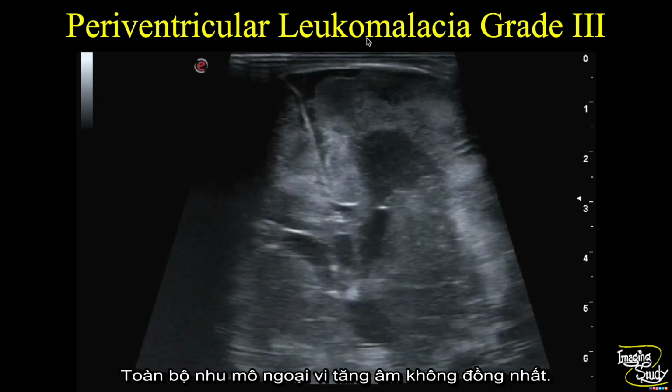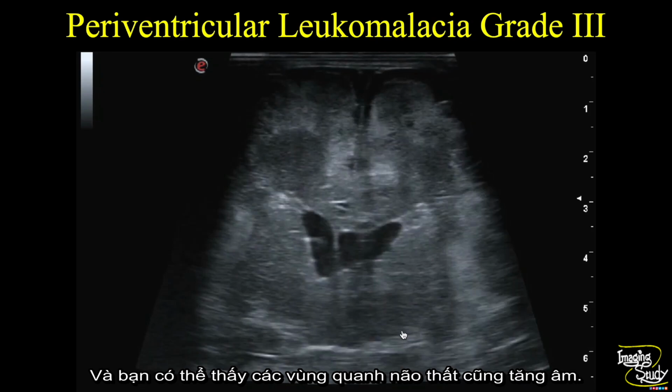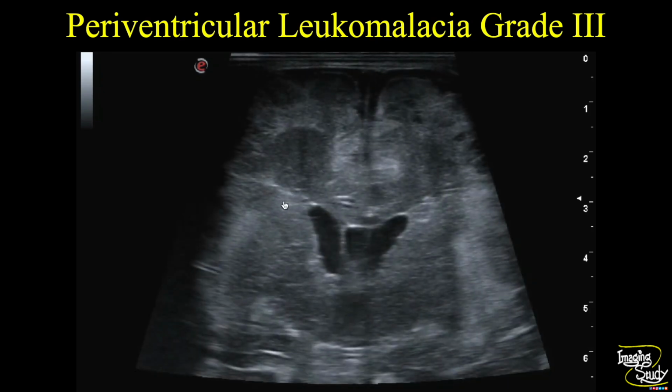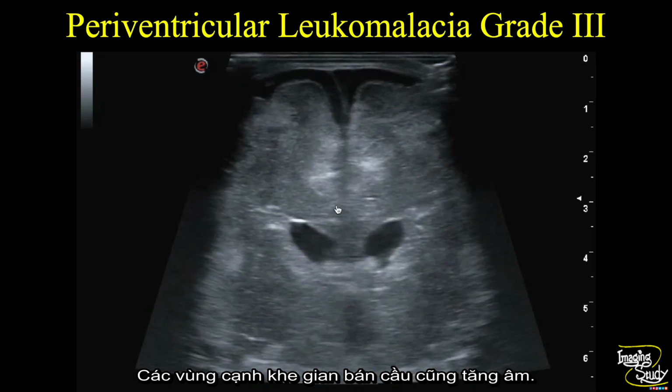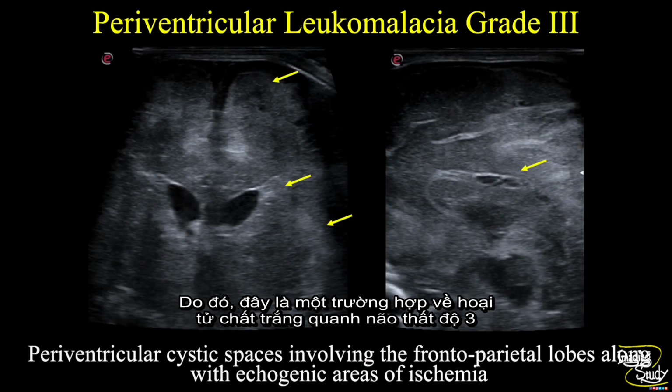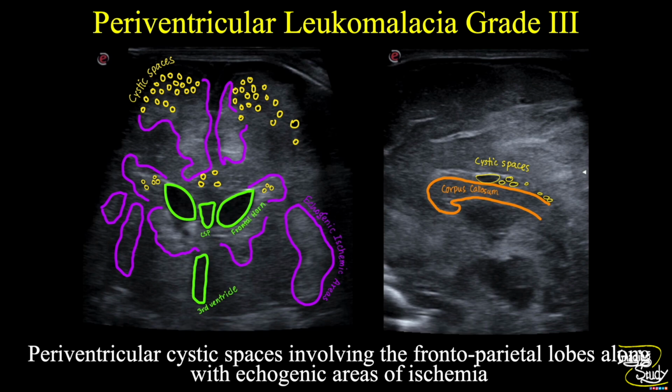The overall brain parenchymal echogenicity is heterogeneous. You see the periventricular region shows increased echogenicity. Parasagittal regions are also echogenic. So this is a case of grade 3 periventricular leukomalacia with cystic spaces extending to the frontoparietal lobes with echogenic areas of ischemia.